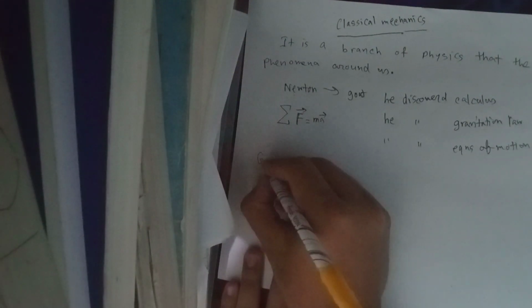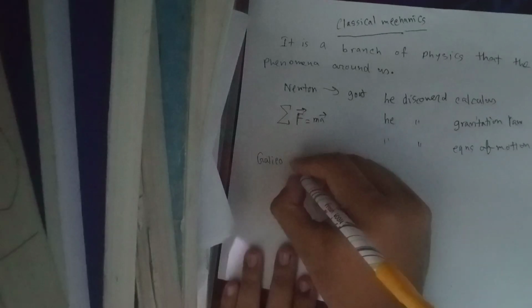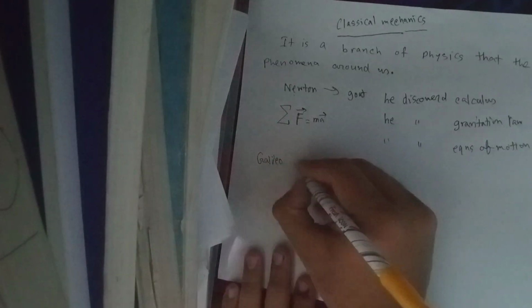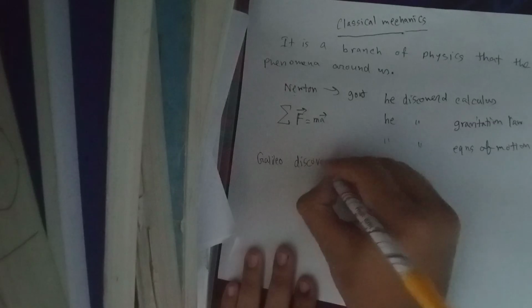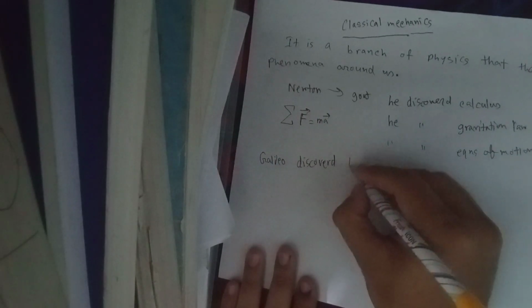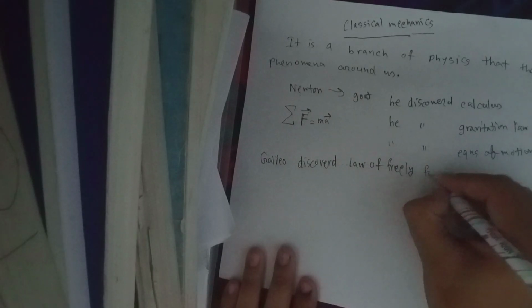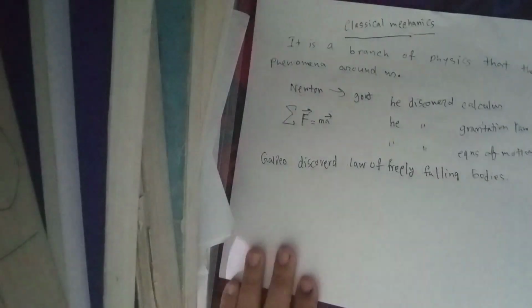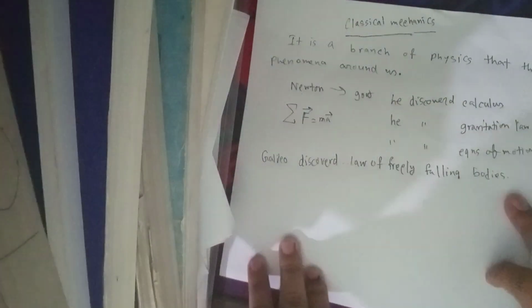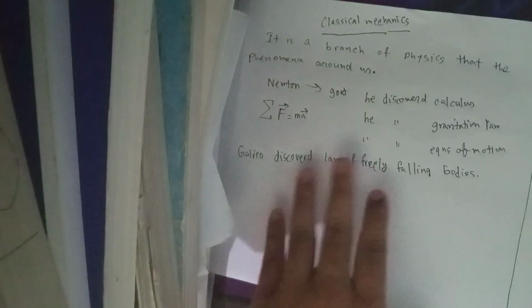Galileo was an important guy in physics. Mind my spelling. Galileo discovered the law of freely falling bodies. He said that every object, whether of the same mass or different mass, let's say a truck and a piece of paper, would fall at the same velocity if it is in a vacuum.